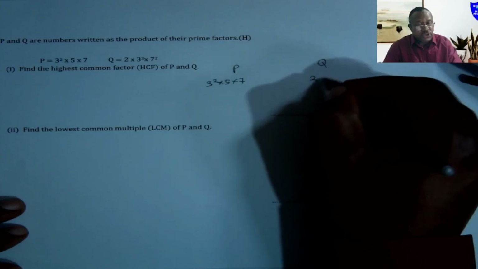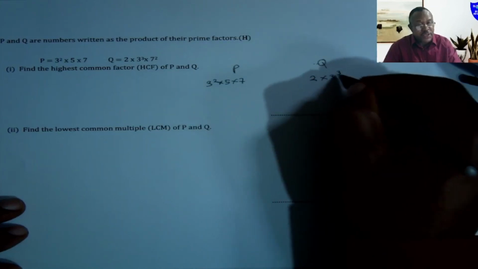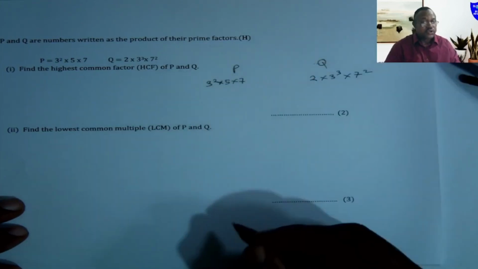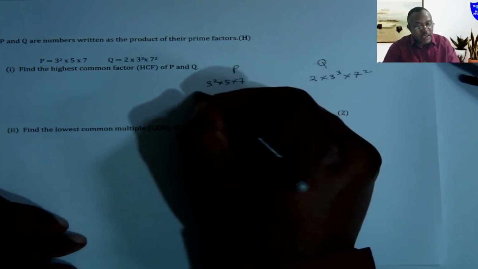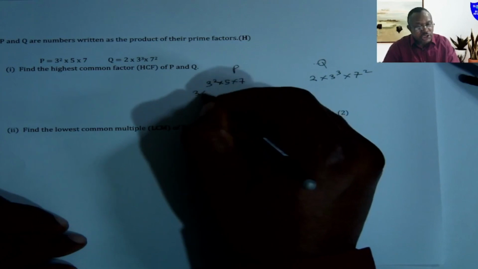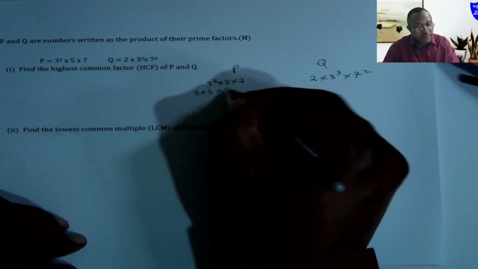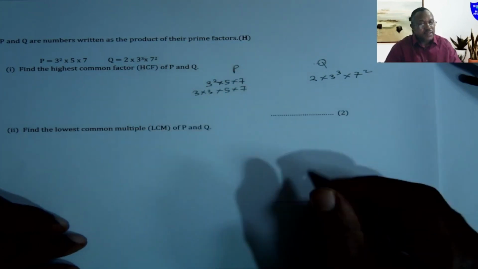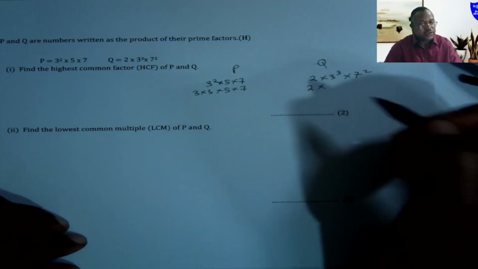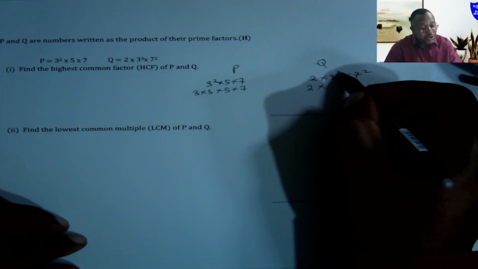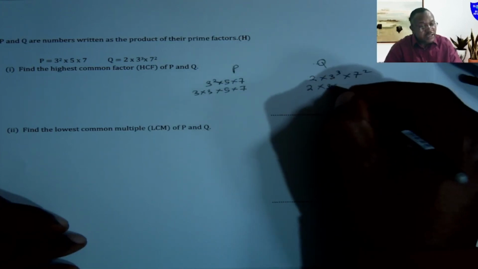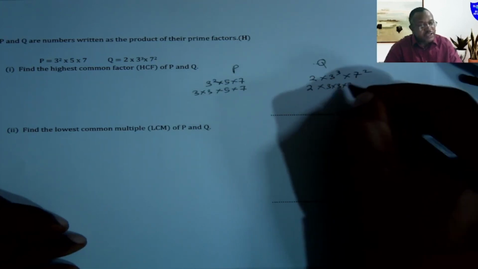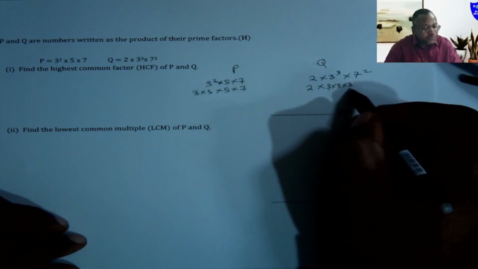Here we've got 2 by 3, 3 by 7, 2. So all you do here is you expand these ones. This one here, 3 squared means 3 times 3 times 5 times 7. Then 3 to the power 3, or 3 cubed, is 3 times 3 times 3, 3 multiplied by itself 3 times.